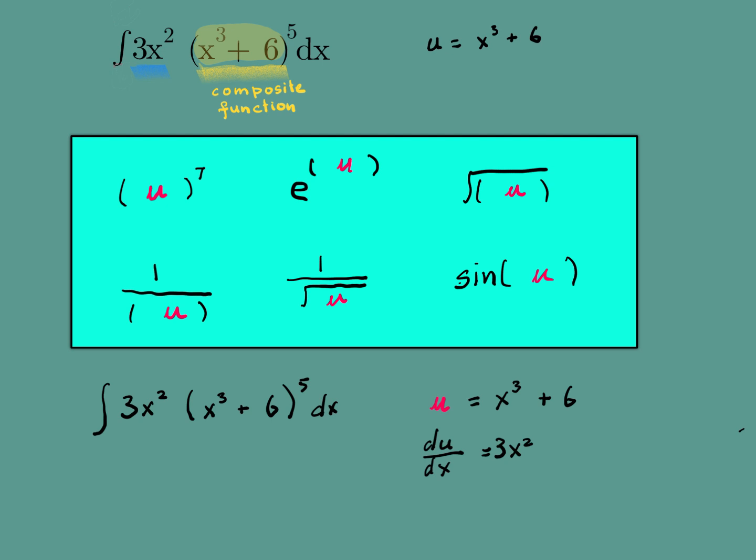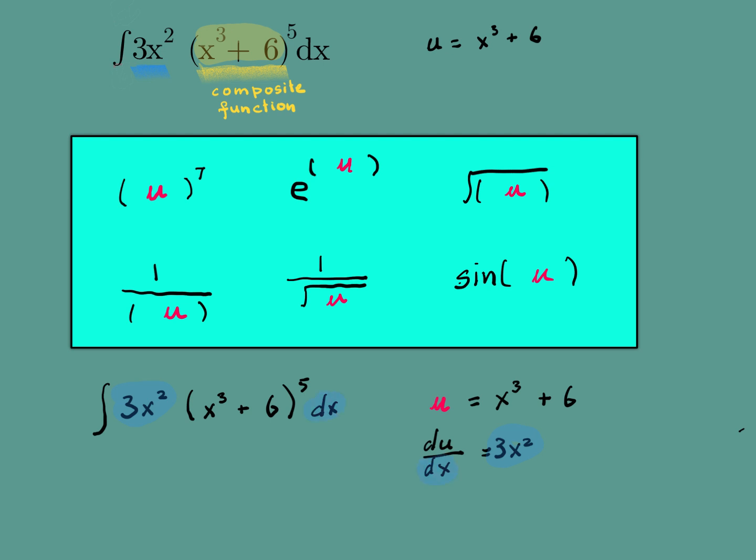Now when we look at this, we can see that 3x squared is actually our du/dx. So that's really good. That means that we could substitute du/dx with 3x squared, but we also have a dx over here, and that dx is also here.